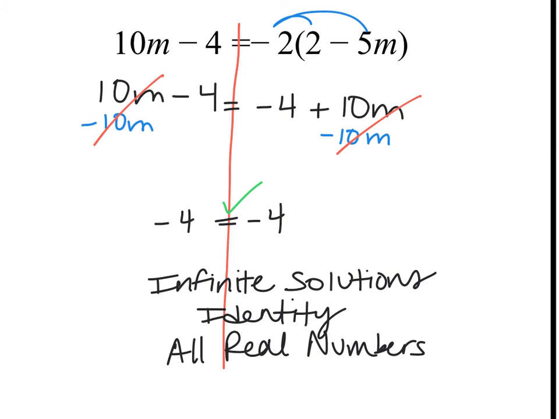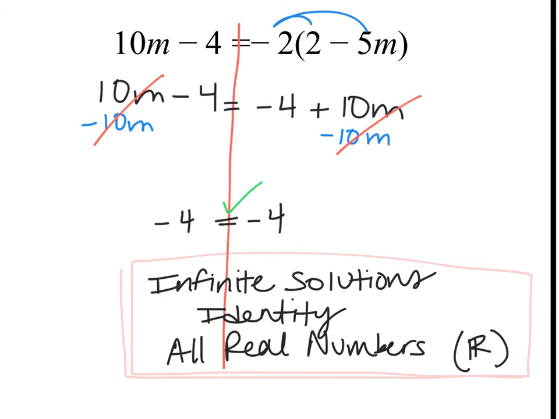If you're interested, the symbol for all real numbers is this weird R. So you have to say one of these three things, please, for it to be counted as correct. No, you don't have to say all three. Choose which one you like the best and say that. But if it works and it ends up being true, which is two numbers because the variables cancel out, then it's identity.